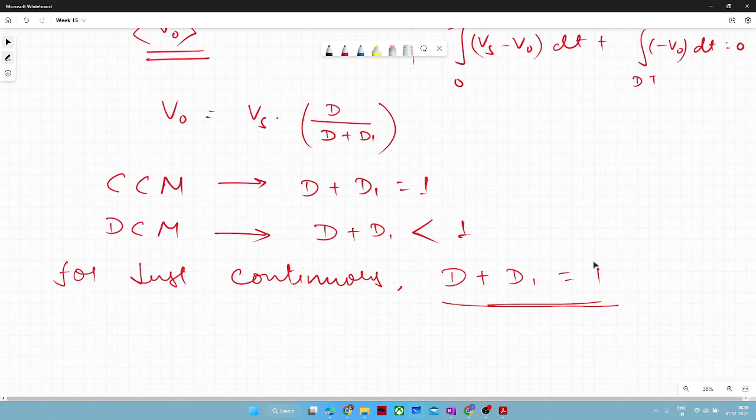Now we want to find this d1 value in terms of d so that we can make our life easy.